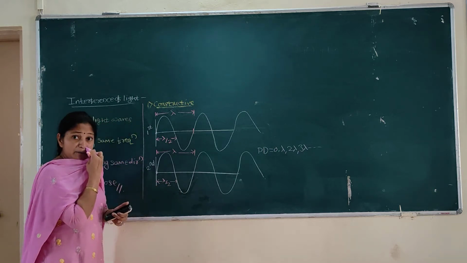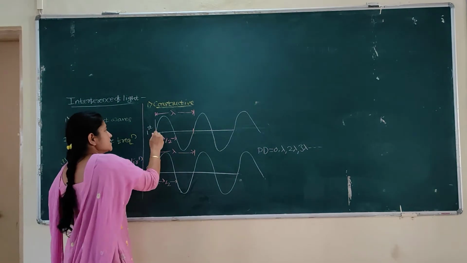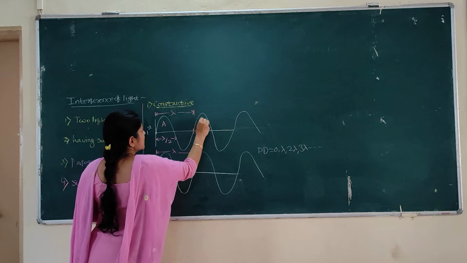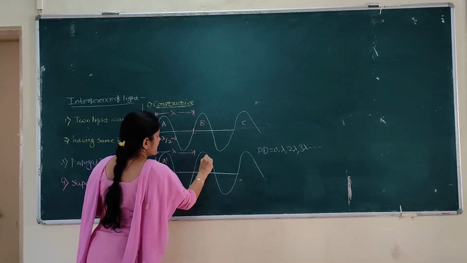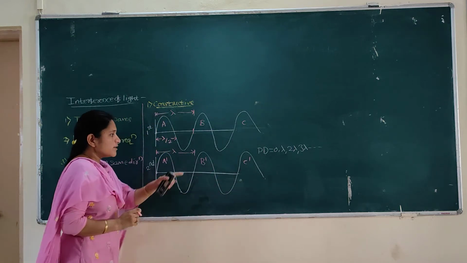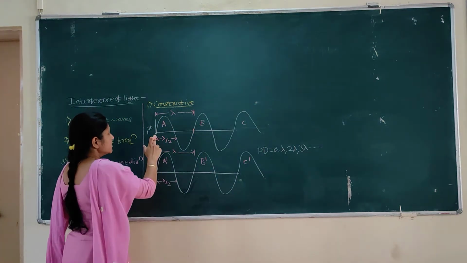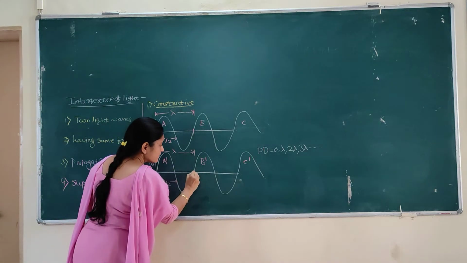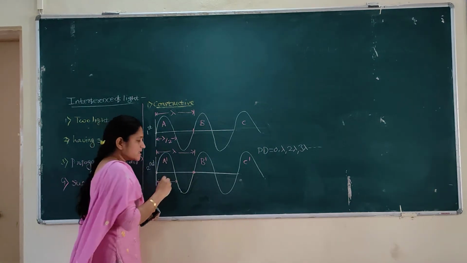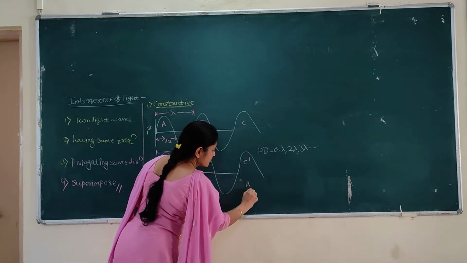Now lambda path difference means what? If we consider again, this is A, B, C and this is A dash, B dash and C dash. The first wave starts from this point and the second wave starts from this point. Then the situation is like this, A, B dash.